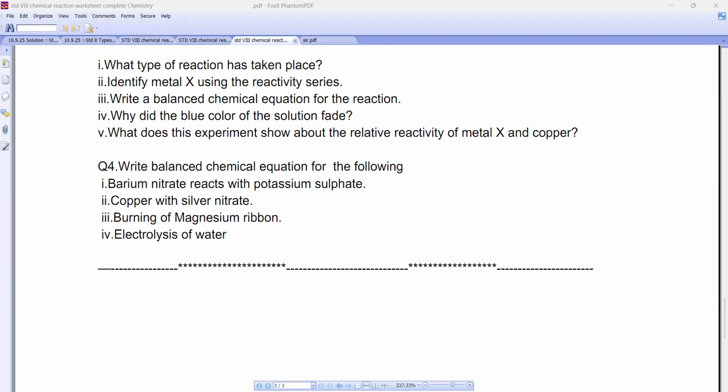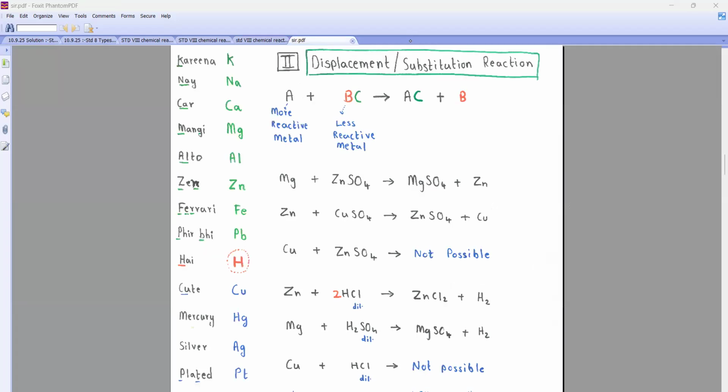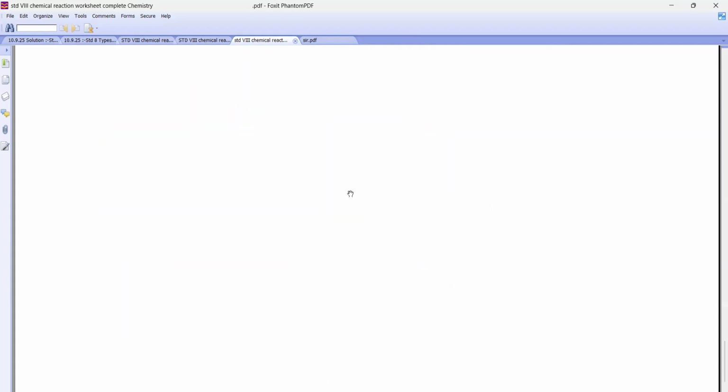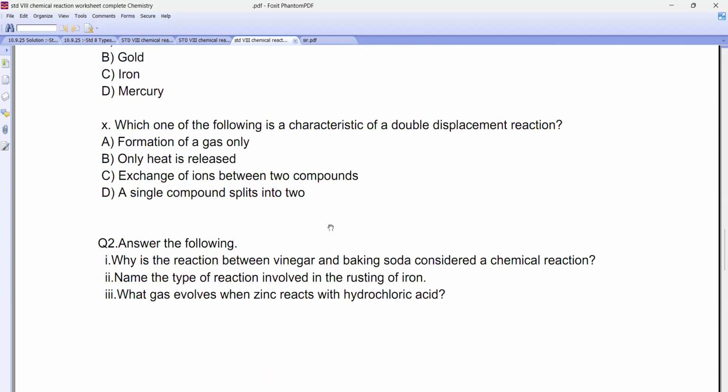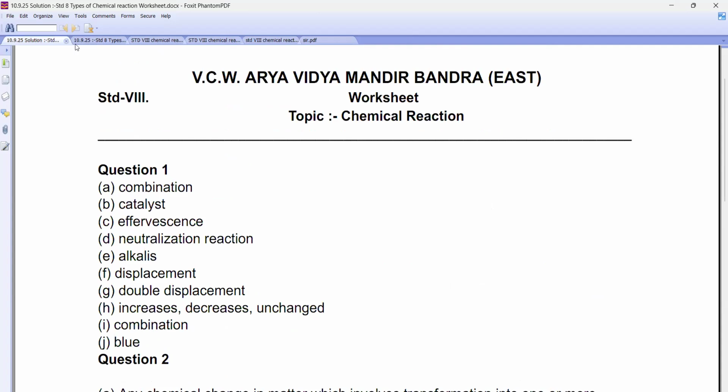Let me check. Hey, no. This is the paper of difference. I think all the worksheets I have done. Is any other worksheet there? Tell me.